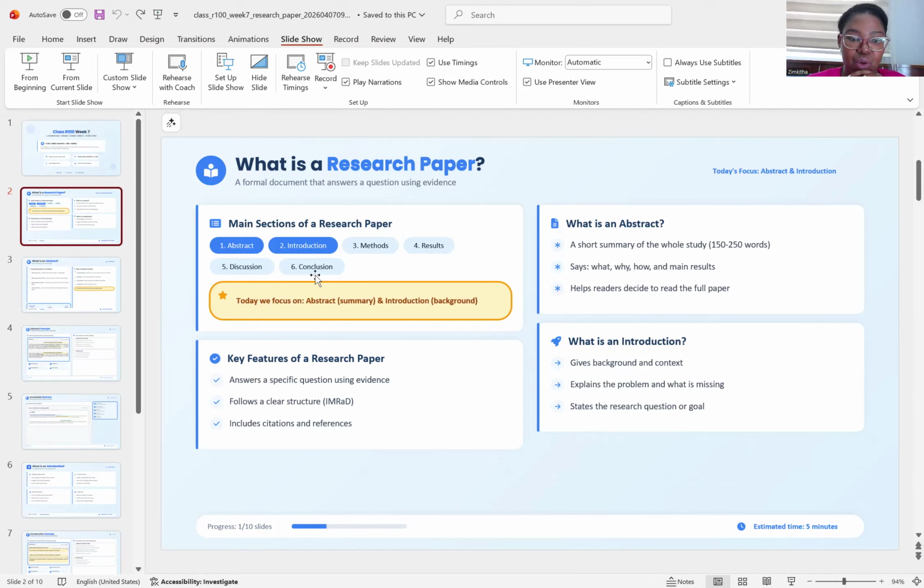But for today, we're going to look at what is an abstract, which is a short summary, what it is standing for, and how it reflects to the readers. And then we're going to look at the introduction, where it gives us background and context, explains the problem and what is missing, and then obviously states the research question, almost like a thesis statement.